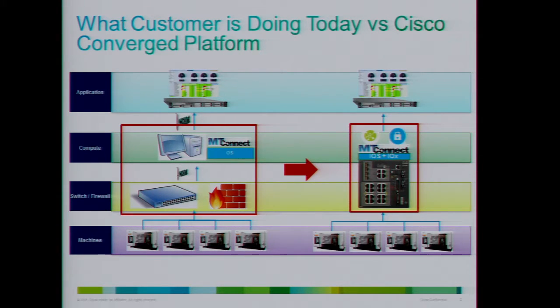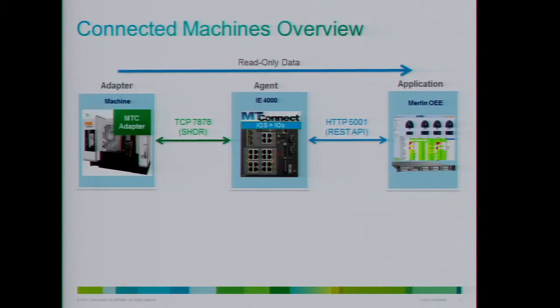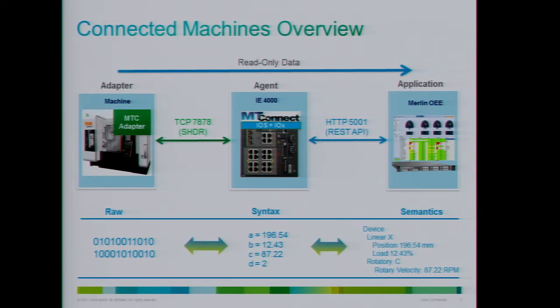So I'm not sure if everybody knows what MTConnect does. In the next slide, I just want to briefly show what exactly MTConnect does. You can think of MTConnect as a dictionary for machines, because as you see here, a machine speaks raw data, 010101, which only the machine can understand.